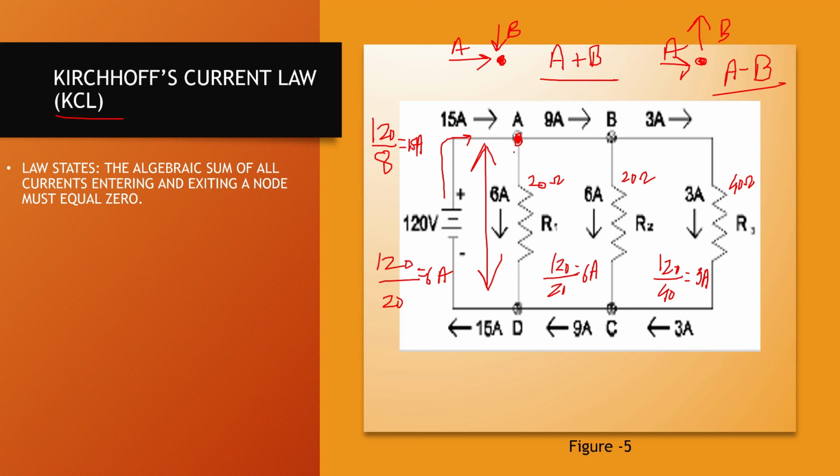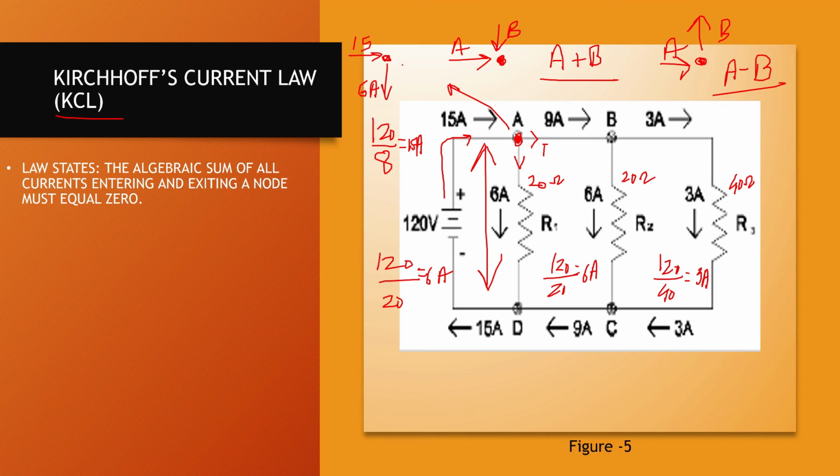But at this point, you see that the flow of electrons or the current actually has two paths, which was not the case in a series circuit. In this case, the current could go like this and it could go like this as well. It has two paths. In this path over here, it's 6 amperes. Now if I zoom on to this node over here, you have 15 amperes entering like this, 6 amperes going away from it.